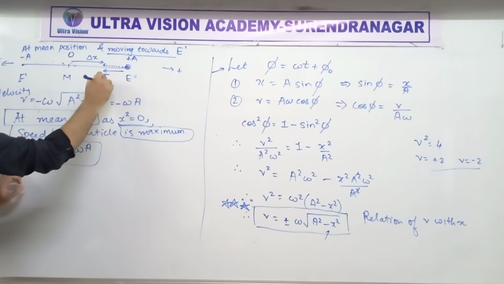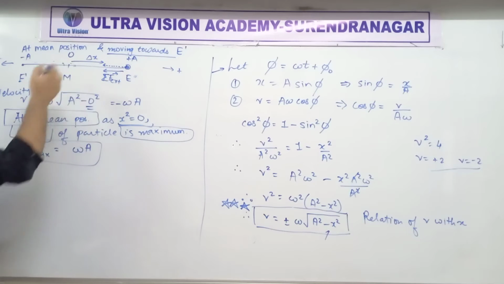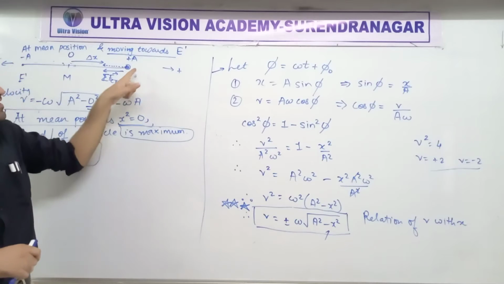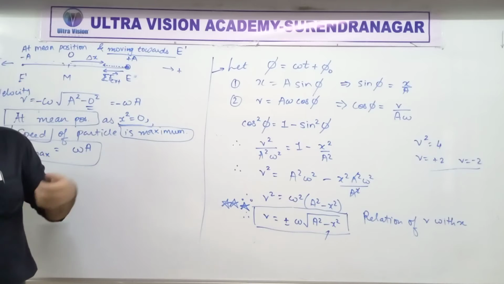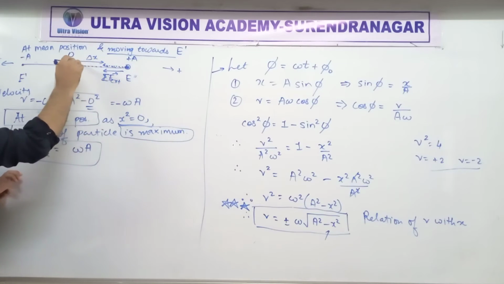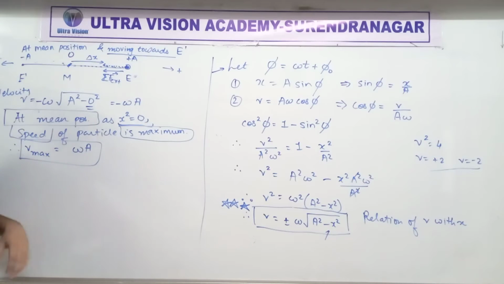So total force is left side. All the way from E to M, the force is going to pull it. So if you apply the force all the way from here to here, at this point the speed will become maximum because gradually the speed will be increasing.